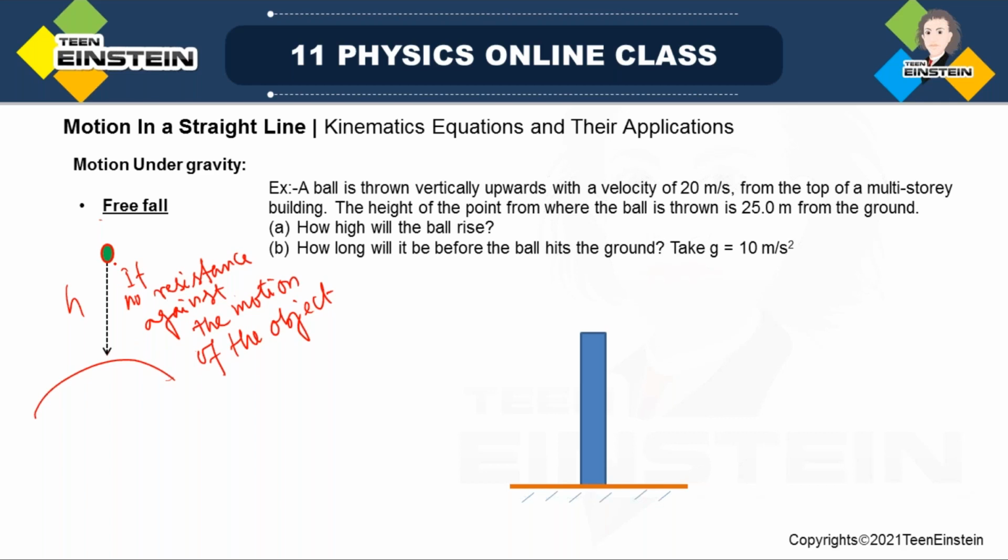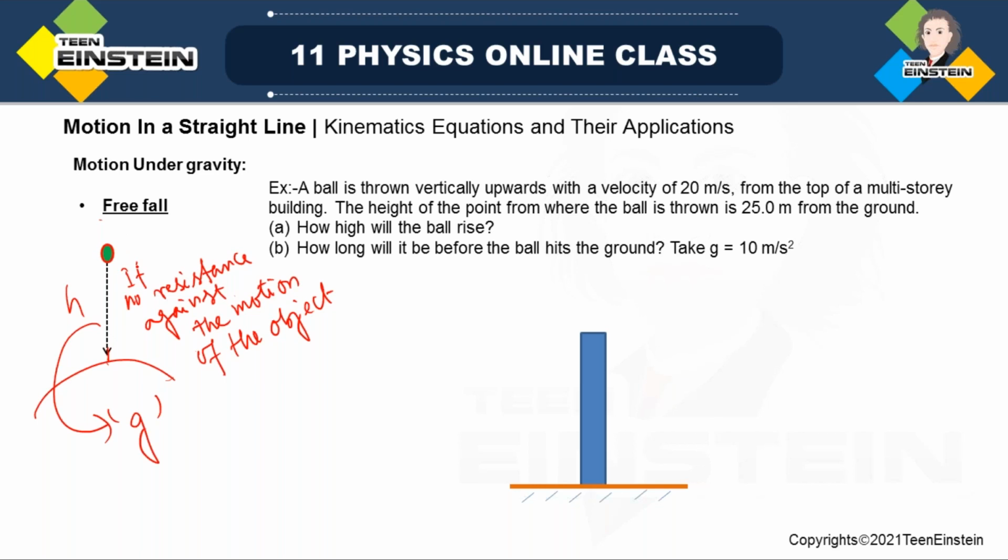As soon as you release it, it will come down with an acceleration. You can see it is coming to the earth surface with a certain acceleration, which is the acceleration due to gravity. That's why it is denoted by small g. Since we have not applied any force on this object, this is the free falling case.